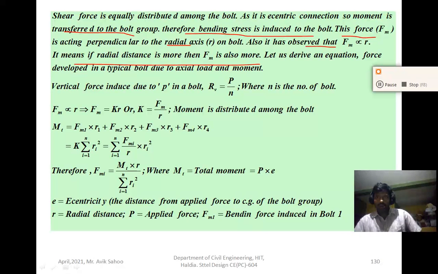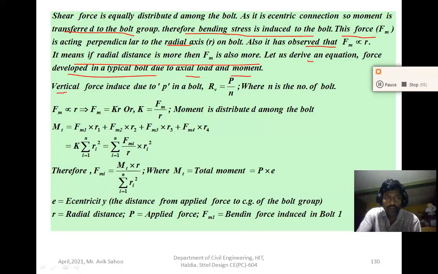Now we derive the equation for the force developed in a typical bolt due to axial load and moment. As it is an eccentric connection, axial load and moment are both transferred to the connection. So we derive what forces are developed in a typical bolt due to axial load and moment.